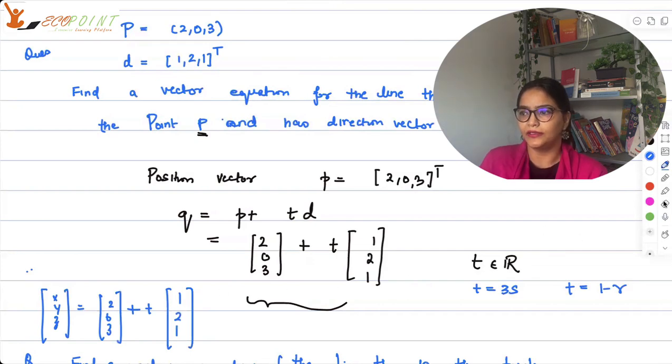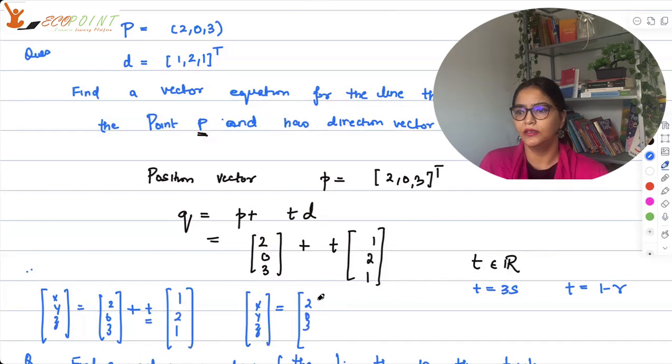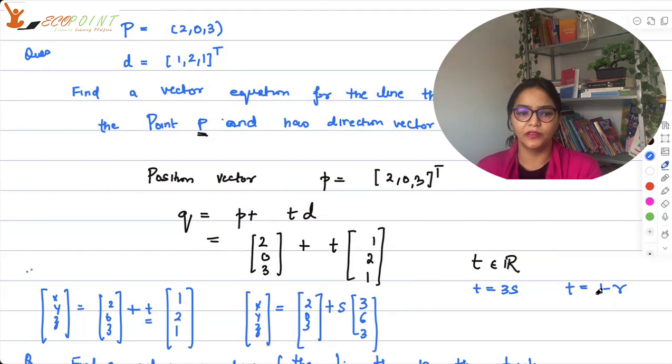I can do that, because instead of t I'm going to put 3s, and your (x, y, z) would turn into (2, 0, 3) plus s times (3, 6, 3), multiplying the 3 inside. Similarly, you can do it with some other parameter. So you can do that parametric shift also, because you have the component form. You can always do that.